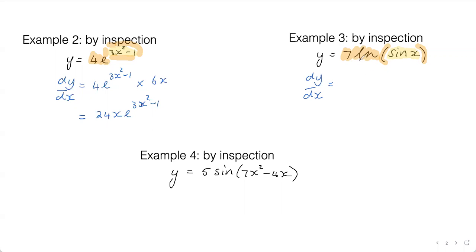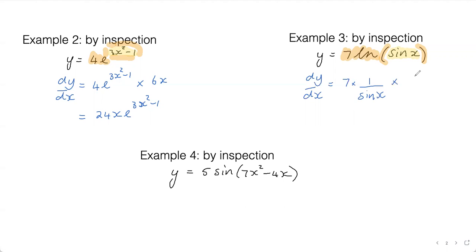So basically here, remember a constant can just sit there throughout that process. It doesn't affect anything, like the 4 didn't affect anything here, it just stayed there. So derivative of ln, whatever's inside, will be, just put little times, 1 over whatever's inside, which in this case is sine x.